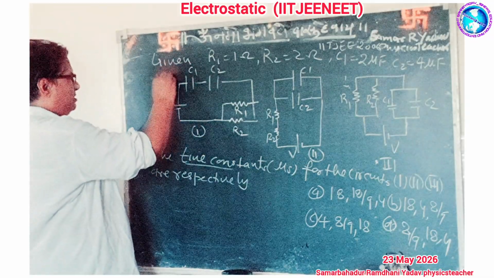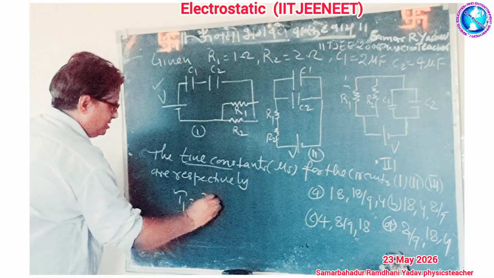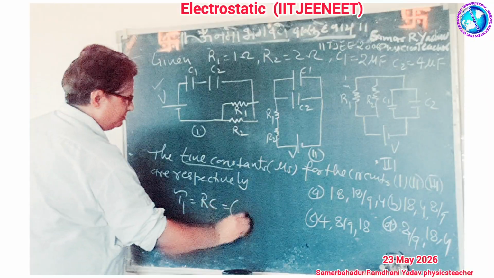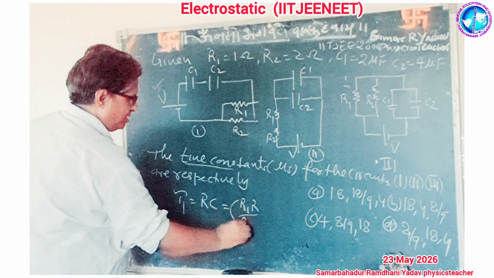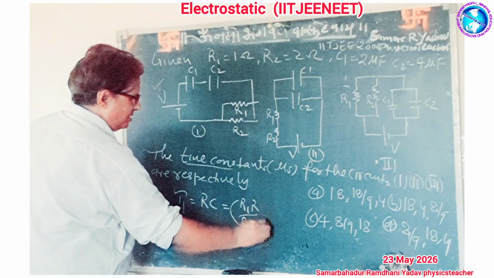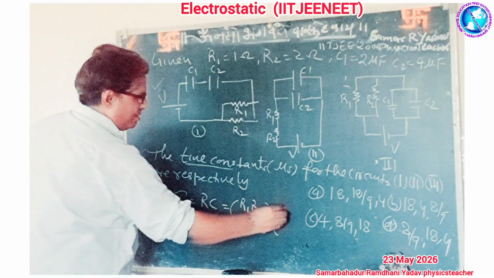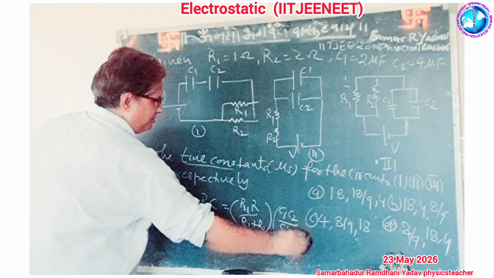First we solve the first circuit, so we can write tau 1 is equal to R into C. Here R is in parallel, so we can write R1 R2 upon R1 plus R2, and C1 and C2 are in series, so we can write C1 into C2 upon C1 plus C2.